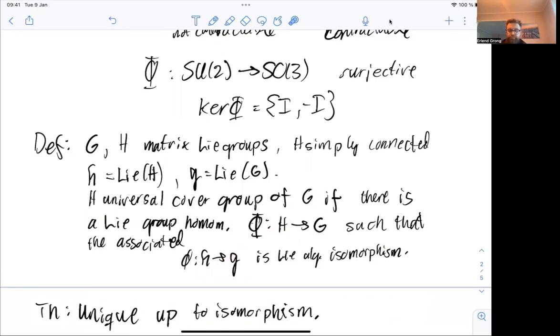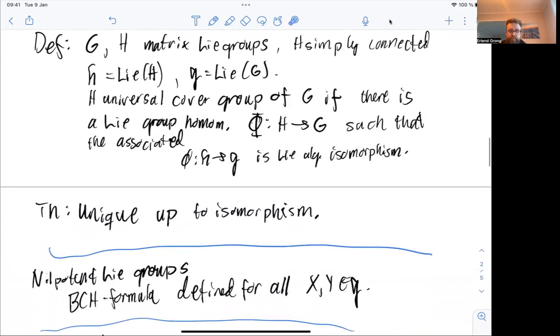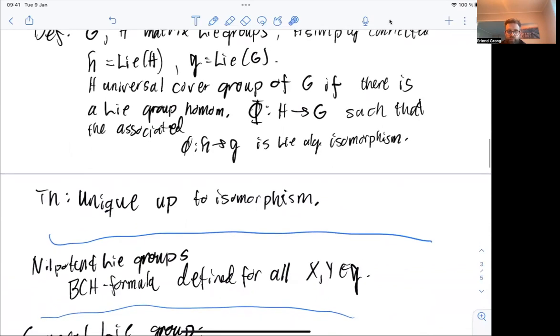So essentially, you can think of this as adding some discrete elements to your group, such that it no longer has any holes in it. And these groups are then unique up to isomorphism. That's what we should look for.